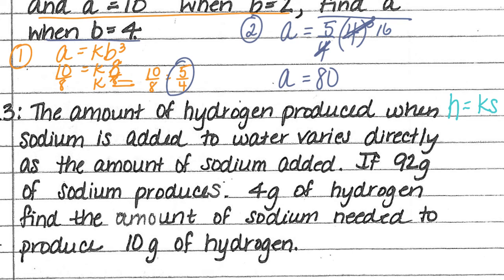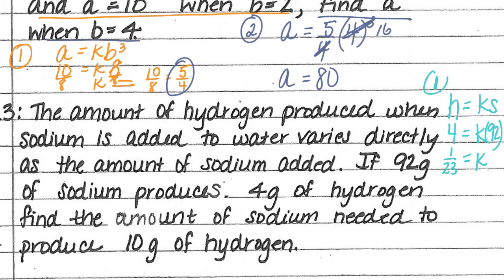If 92 grams of sodium produces 4 grams of hydrogen, well, hydrogen, K, sodium is 92. When I divide, it looks like K gives me 1 over, 4 goes into 92, 23 times.